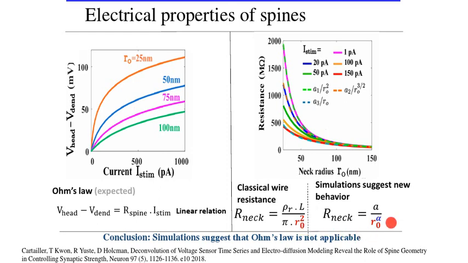But when we look at this curve, it can only be fitted with R to some power alpha, and we show here these different powers associated with different injected currents. The fact that it depends on the injected current is a deviation from the classical theory of conduction.